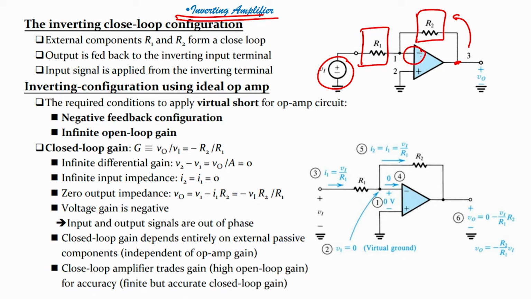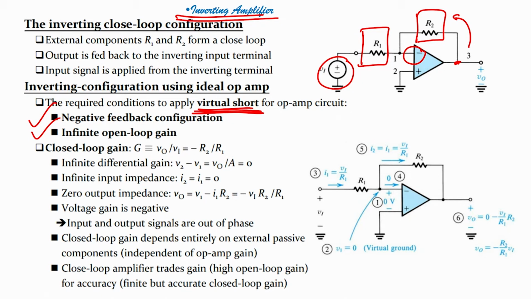So, 3 things we have to understand: external components R1 and R2 form a closed loop; second, output is fed back to the inverting input; and third, input signal is applied to the inverting terminal. Now, the required conditions to apply virtual short in an op amp circuit are negative feedback and infinite open loop gain.